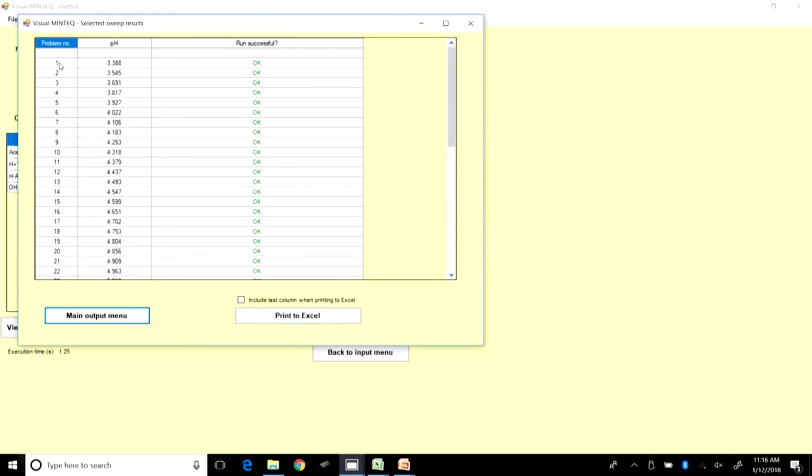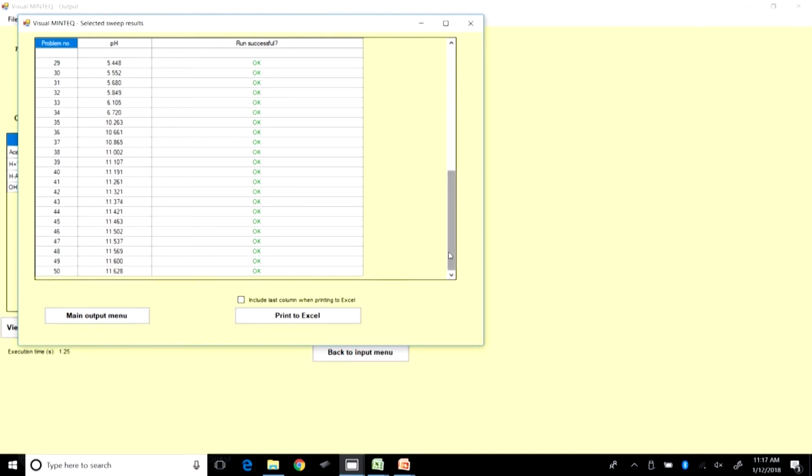With my increasing base concentration, problem 1 means 0 base added, and minus 3 molar at 1 unit concentration is added at problem 2, and so on until we reach 50 units. As we see, the pH is initially low, or acidic, and then as we keep adding the base, the pH keeps increasing, and we end up in the basic region.